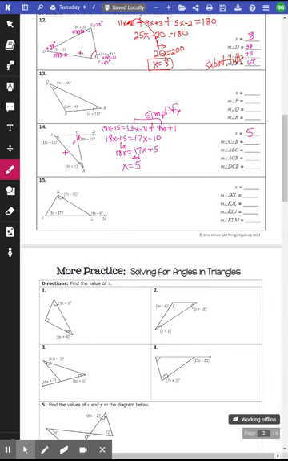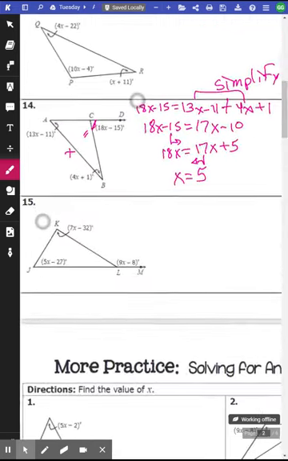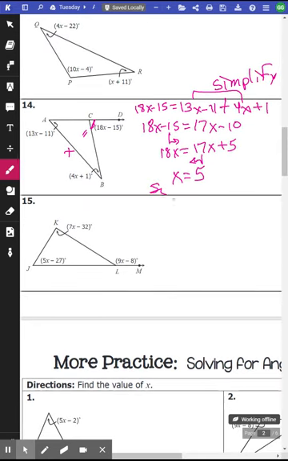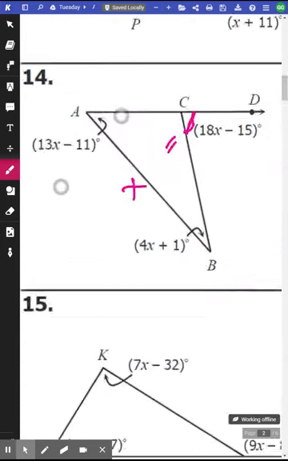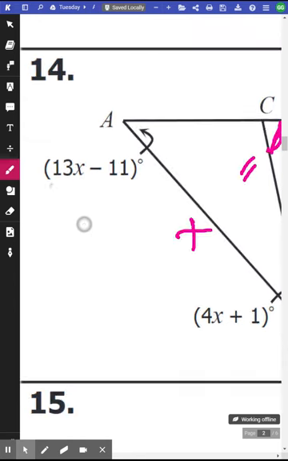We're going to get CAB. All of this is just substitute. So CAB, that's 13 times 5 minus 11. So angle CAB is 54 degrees.